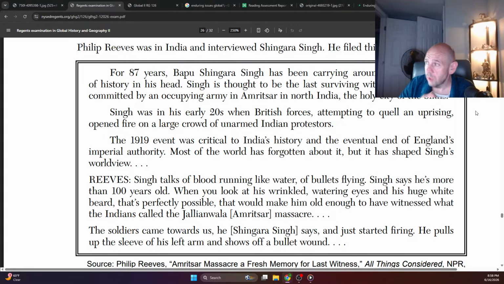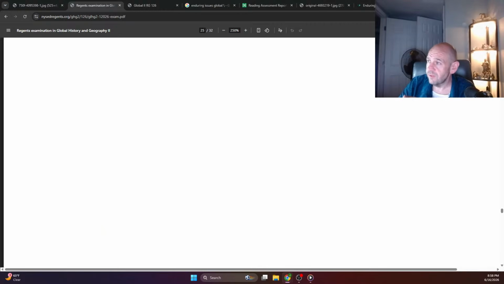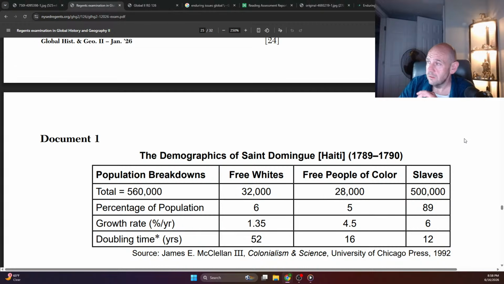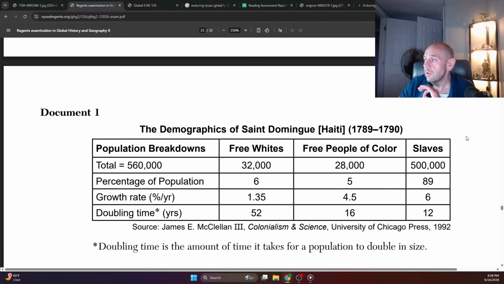Now, if you want to say that the situation in British India is similar to the situation in Haiti, in that a minority white population had rule over a majority native population who were coerced to labor, or in other ways oppressed, or in other ways did not have the same rights as the minority white population, you now have developed a more complex and nuanced issue that does work with both documents.